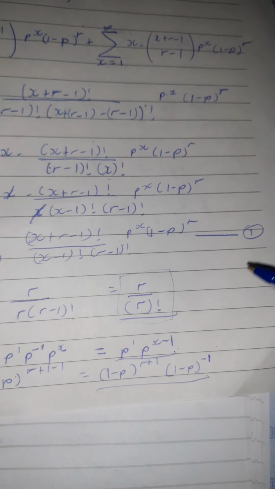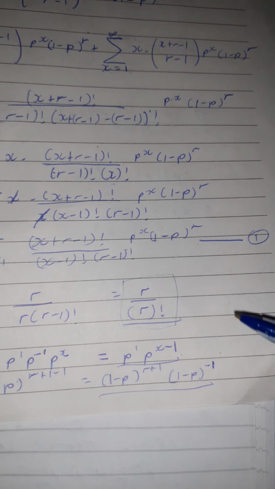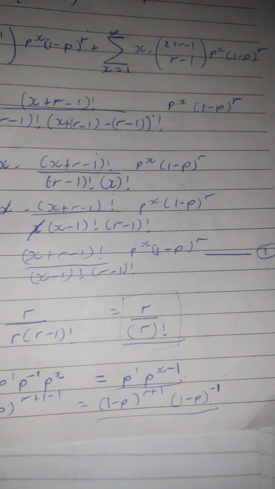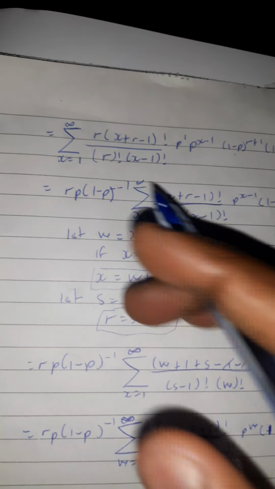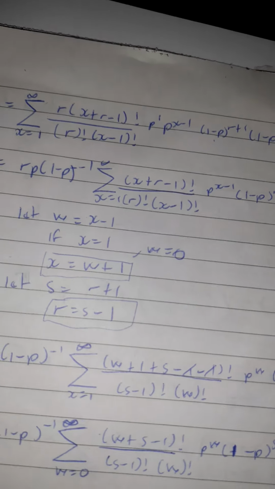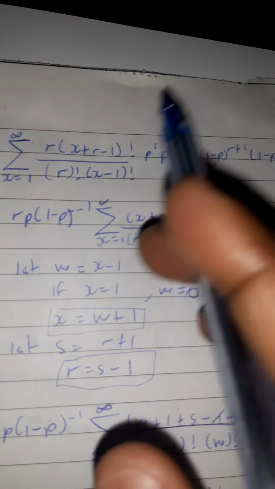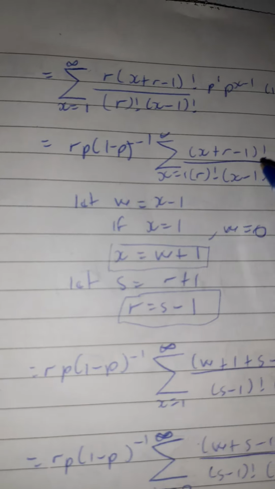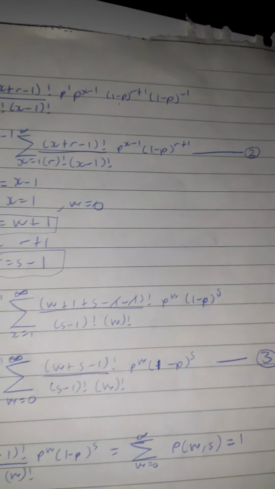Then we later on substitute these new expressions into equation 1, and you pull out the constants, put them outside, leaving us with this inside, and you equate that to equation 2.